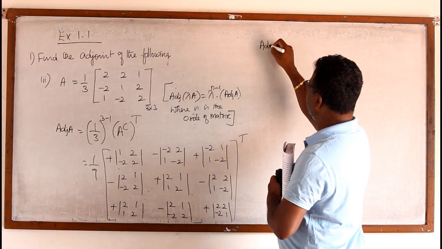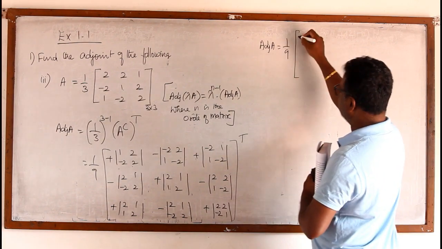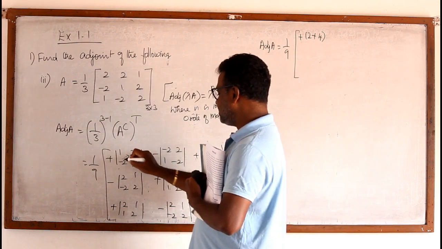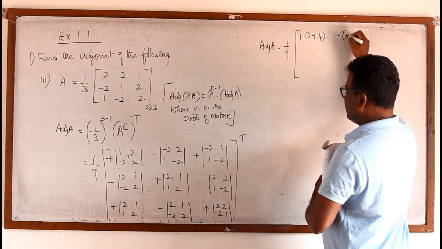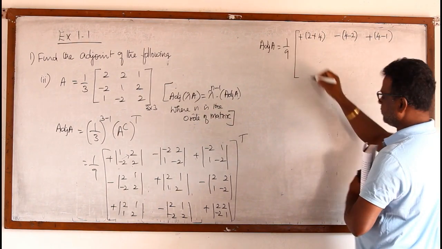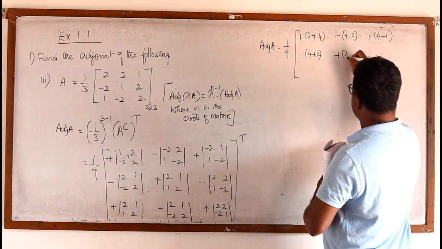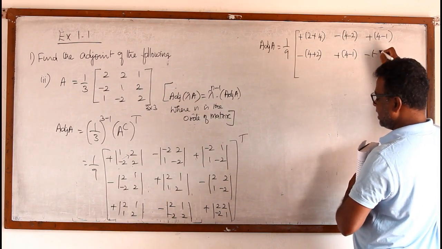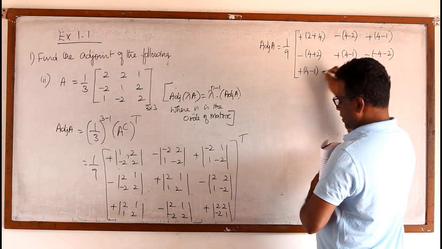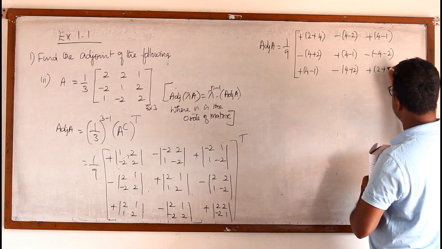So adjoint of A equals 1 by 9 into, simplifying this, plus 2 plus 4. While multiplying these two, we must change the sign. Minus 4 minus 2, plus 4 minus 1. Then it is minus 4 plus 2, 4 minus 1. Minus 4 minus 2, 4 minus 1, minus 4 plus 2, 2 plus 4.